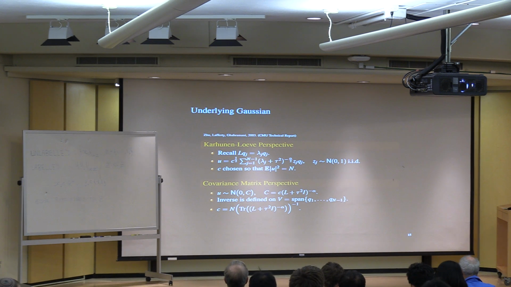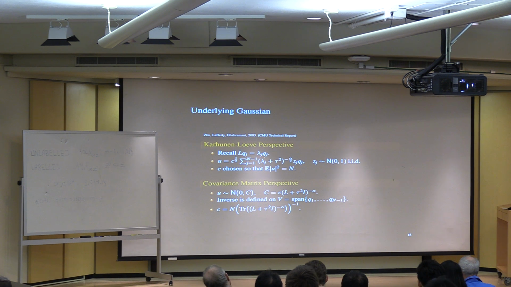And I want to get into a little bit more detail on the underlying Gaussian and give you more detail about the role of not only the Fiedler vector, but all of the eigenvectors of the graph Laplacian. Remember that the eigenvectors are q_j, the eigenvalues are lambda_j. The Gaussian that I've just described can be sampled by making a random linear combination of the eigenvectors of the graph Laplacian, these q_j's.